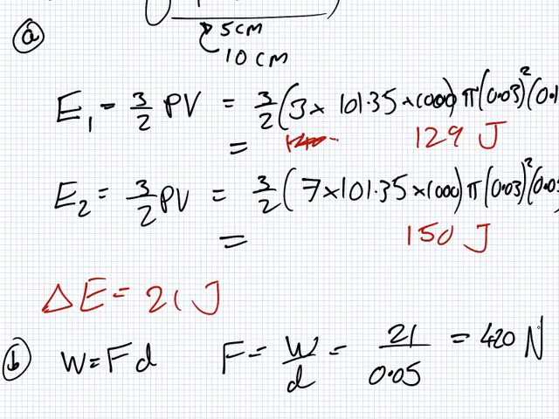Is there another part? No. Can we use P equals F over A? You know the A. Do you know the P? You can, but you have to find the pressure.